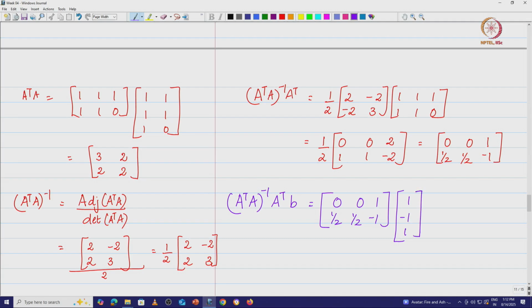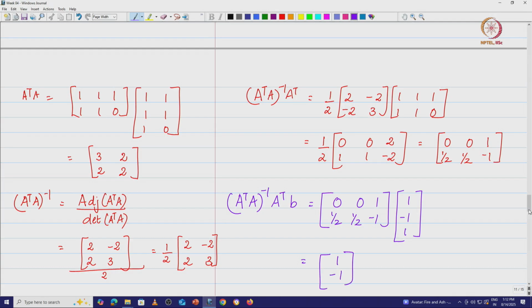This is the B that we had. So, if you look at it, this is going to be 0 into 1 plus 0 into minus 1 plus 1 into 1. So, I am going to get 1 here, and then I have half minus half minus 1. So, this is what I have.